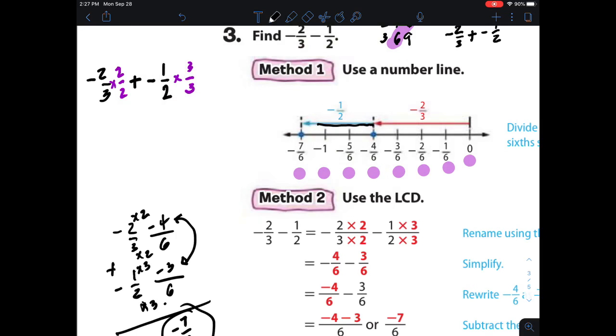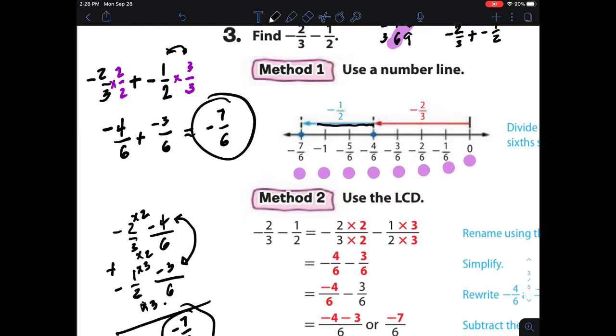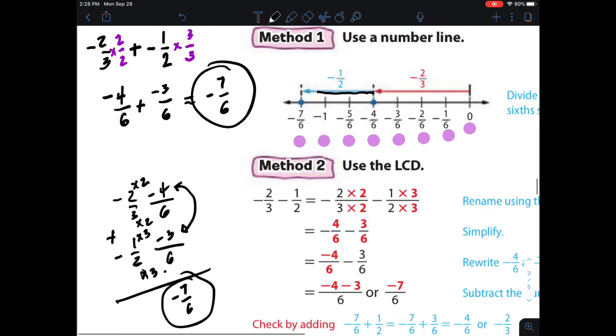So we know that negative 2 times 2 is negative 4 over 6, plus negative 1 times 3 is negative 3 over 6. Now if you notice, this is the same as negative 7 over 6. Same thing. So is this simplified? Yes, it is, because the greatest common factor of 7 and 6 is 1. We can actually leave it as negative 7 over 6.